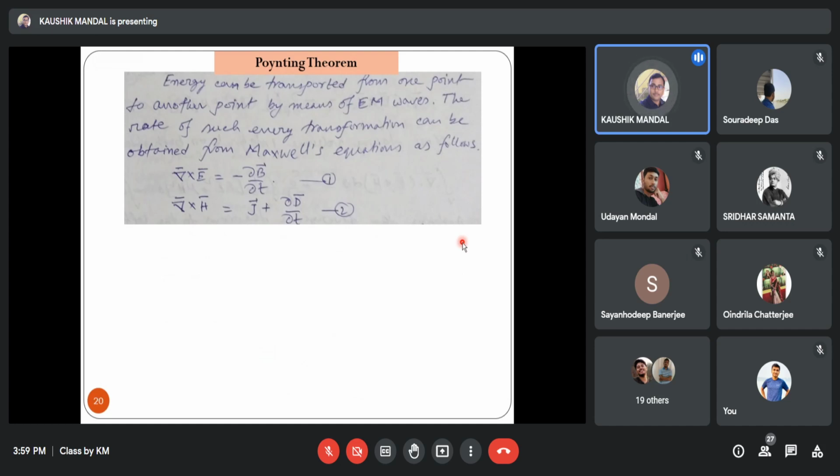Now this electromagnetic wave is basically represented by Maxwell's equations. To derive the Poynting theorem, once again we will take the help of Maxwell's equations. Basically, these two equations we will consider: curl E equals minus del B del t, and curl H equals J plus del D del t.